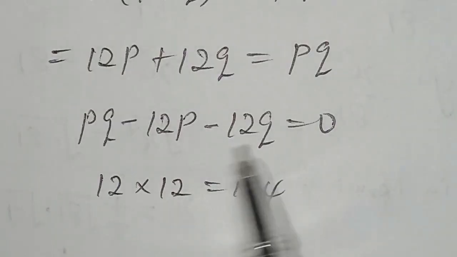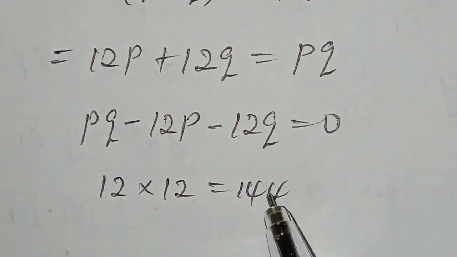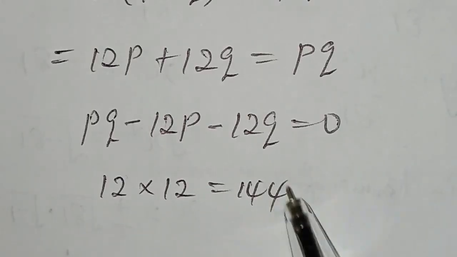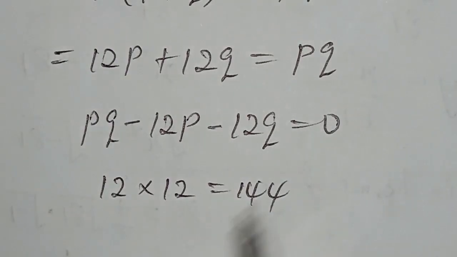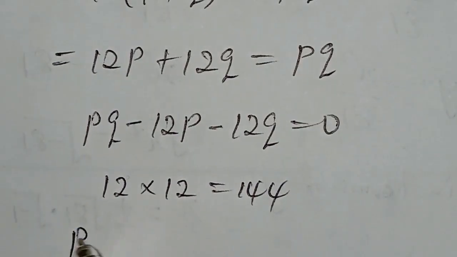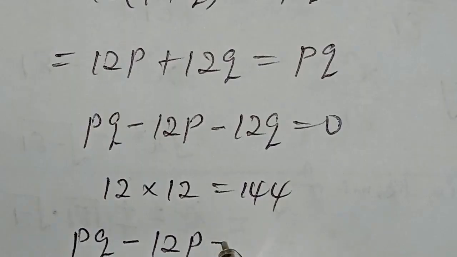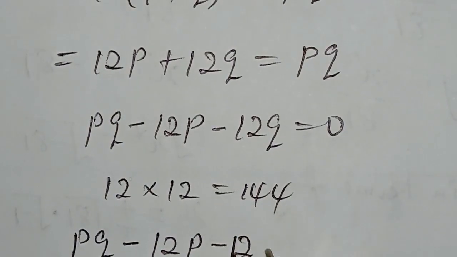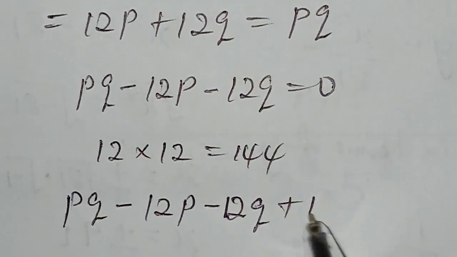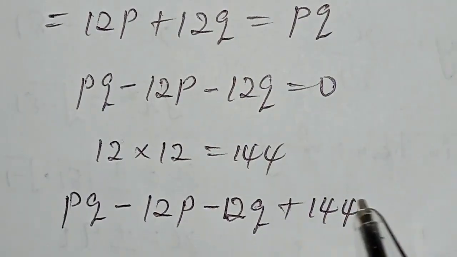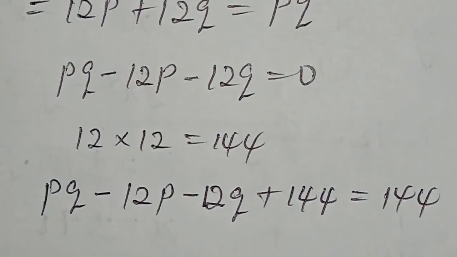So in order to simplify this properly, we have to consider adding 144 to this side and to this side. Doing that, we have PQ minus 12P minus 12Q plus 144 equal to 144.